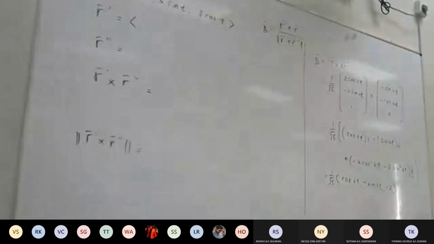I'm using the second formula of the binomial vector to solve question number 2.